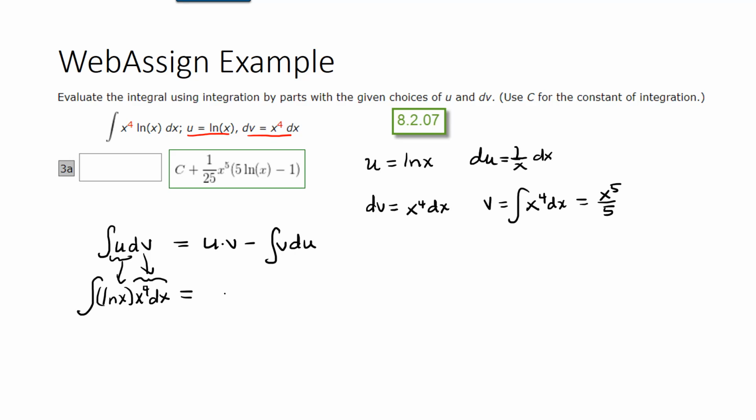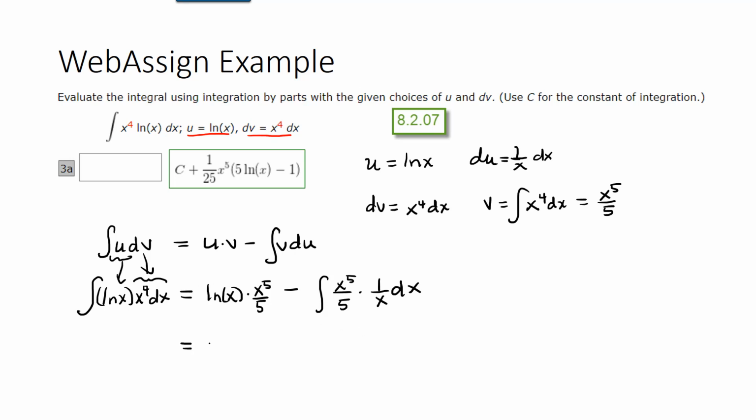So that means that we can rewrite this as u times v, so natural log of x times x to the 5th over 5, minus the integral of v, which is x to the 5th over 5, times du, which is 1 over x dx. Let's simplify a little bit and then we'll integrate.